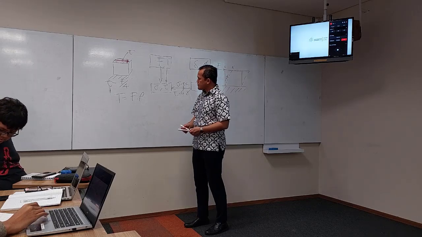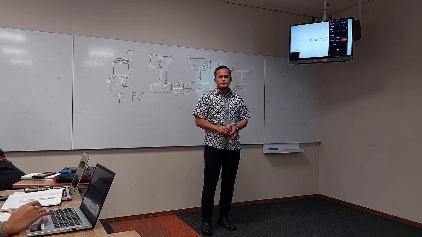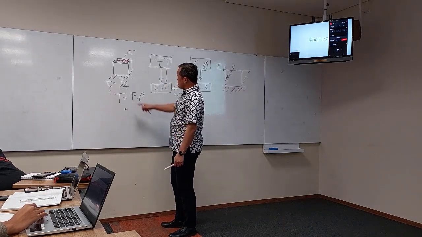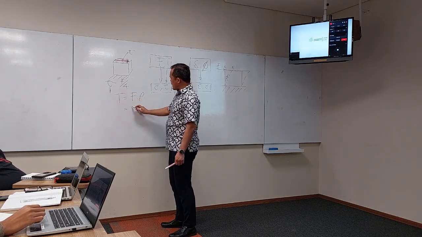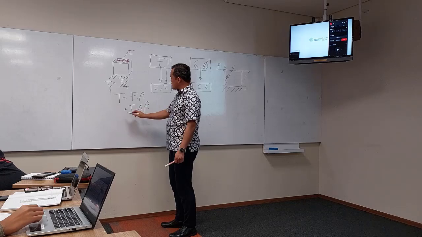Now what I'm going to do is replace this. Therefore, I will write tau multiplied by A multiplied by rho is equal to torque.